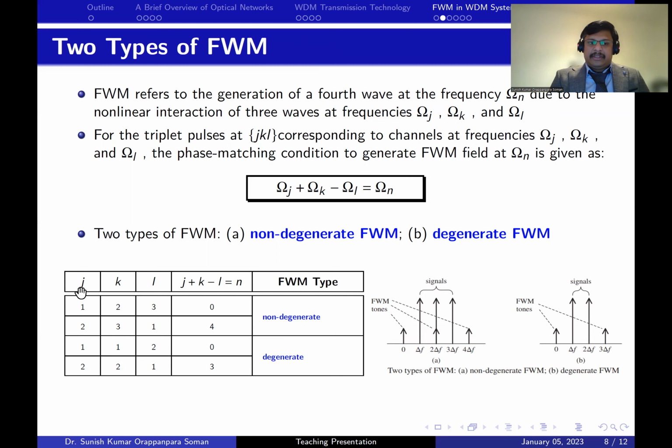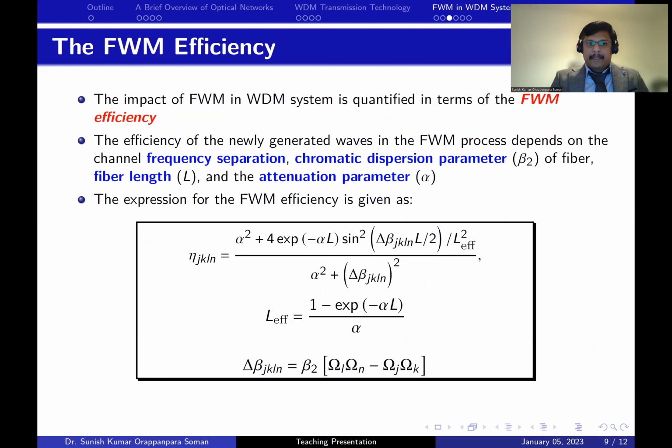But if j is equal to k and it nonlinearly beats with the signal at the l index, it generates a degenerate kind of four-wave mixing. The figures on the right bottom corner clearly explain how these non-degenerate and degenerate four-wave mixing components are generated because of the nonlinear beating between the 3 wavelengths or frequencies.